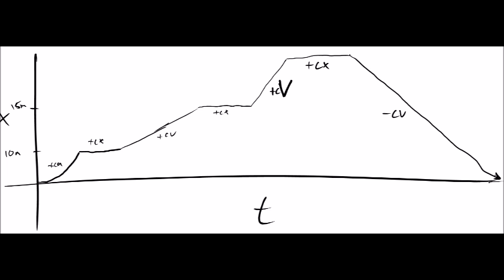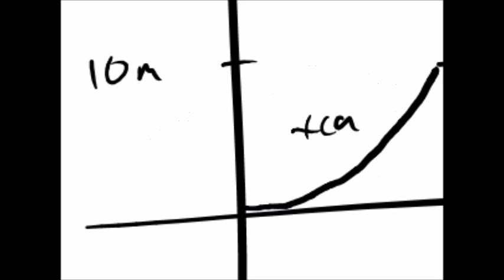So let's begin. The wolf starts right here at the origin point and undergoes a constant acceleration. So it gets faster and faster and faster. And what that means is that the distance that he travels gets greater and greater over time. So what that's actually going to look like is a curve.